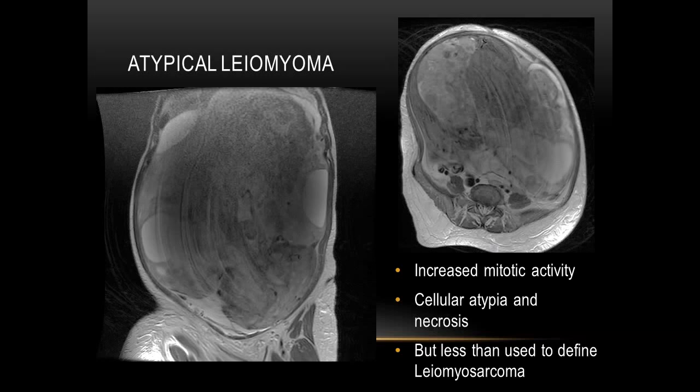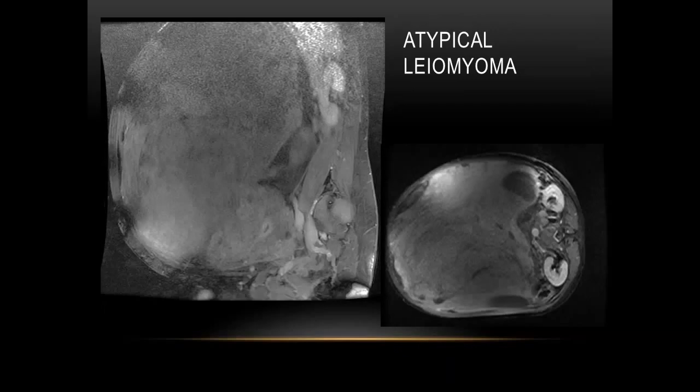The pathologist will sample a lot of portions of this, and they have a definition of what meets leiomyosarcoma versus atypical, or a STUMP, which I will discuss, and it is less than meeting the criteria for leiomyosarcoma. And you can see how this originated off the uterus. This was 37 centimeters. It was so large that the woman could not lie on her back when getting scanned in the MRI. She had to lie on her side.